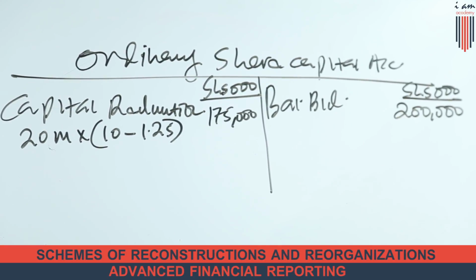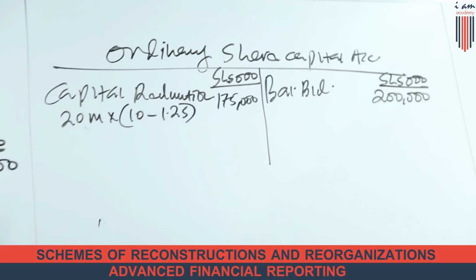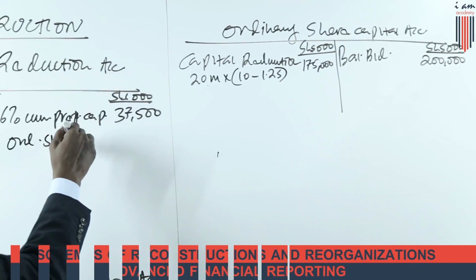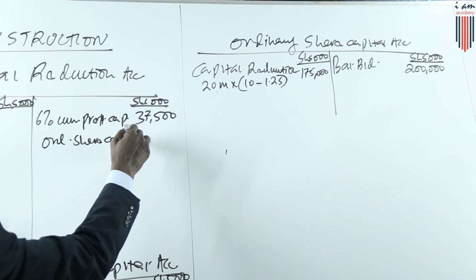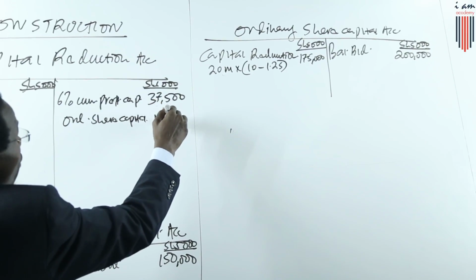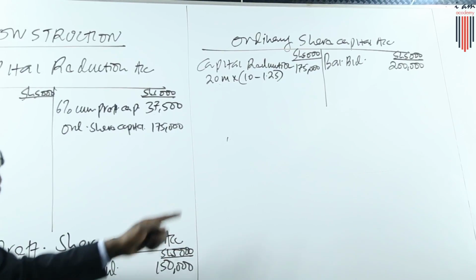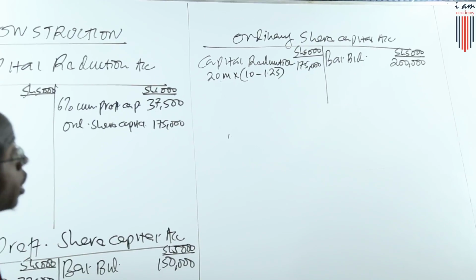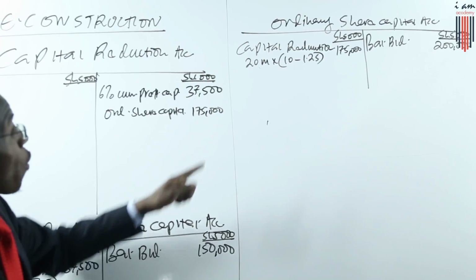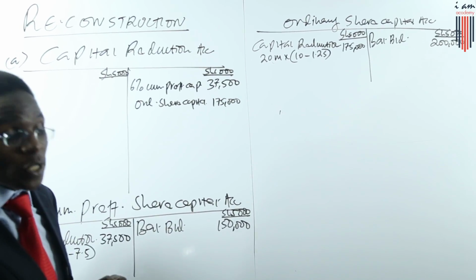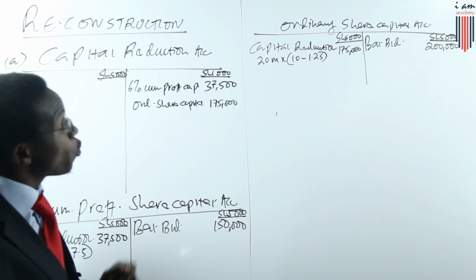We say ordinary share capital account, and that is 175 million. So that's what you need to remember. We have done a debit entry to the ordinary share capital account, and we have credited our capital reduction account with the amount we wrote off.